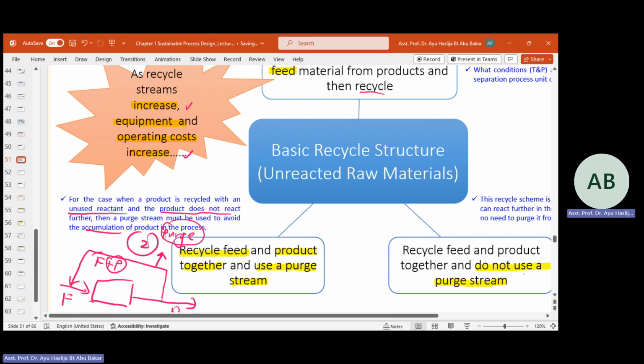We just need the feed to be recycled. So the product will keep accumulating, and that's why we need a purge stream to purge out the accumulated product. Okay?